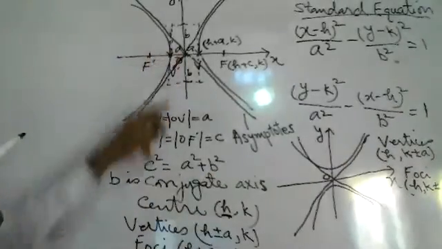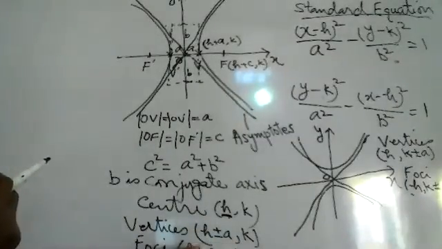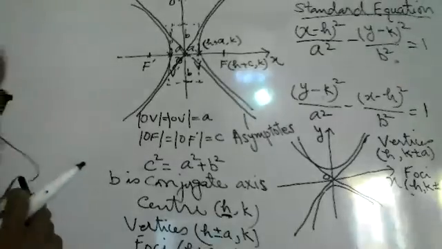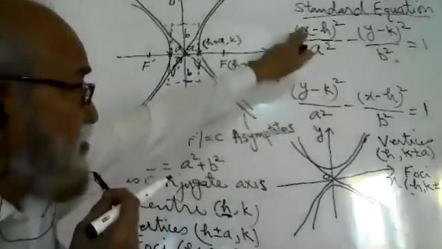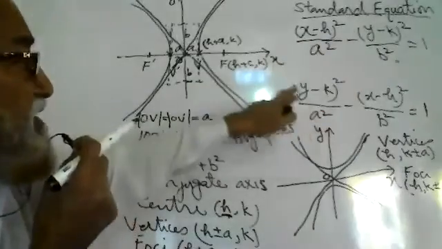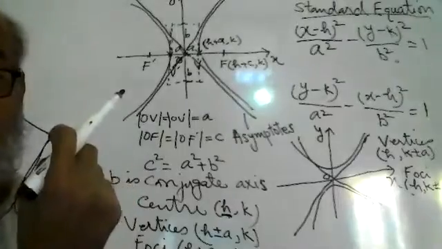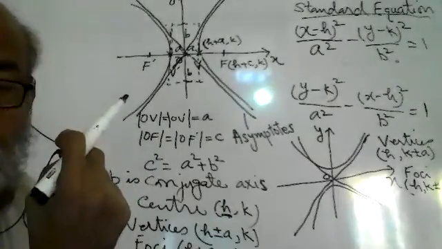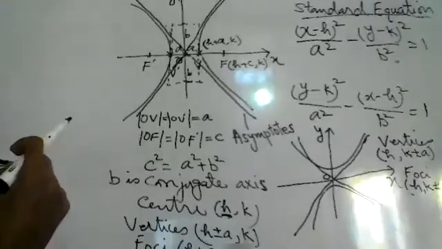In the other case, it will be plus minus a comma 0 and plus minus c comma 0. If the center is 0, 0, the equations are x square upon a square minus y square upon b square, and y square upon a square minus x square upon b square equal to 1. So this is the way to find this.